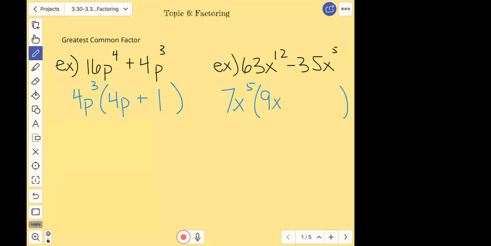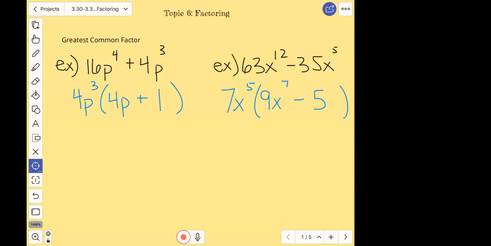That's x to the 7th. That's because properties of exponents tell us that when we're multiplying two exponents with the same base, we add the exponents. So x to the 5th times x to the 7th is x to the 12th. And then our next term is going to be minus just 5. So if you were to distribute through here, you'd get back to the original.